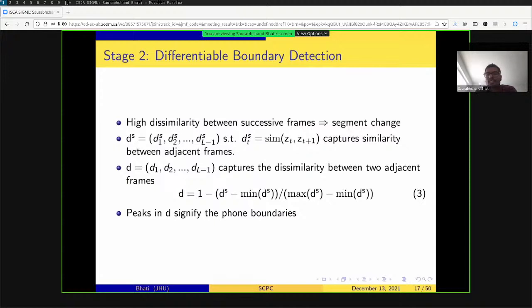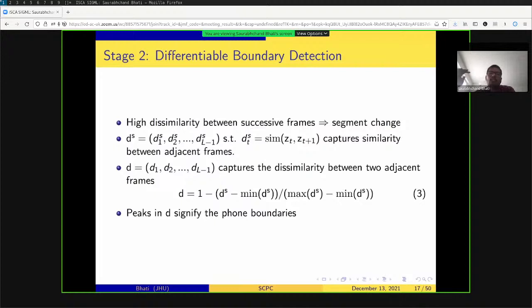So it's essentially a vector of cosine similarities between the next frame and the current frame, and it will have length L minus 1 if you have an utterance of length L. Now, to convert this into a vector of dissimilarities, we simply take 1 minus cosine similarity, but before subtracting it from 1, we normalize it by mean and max. So this will be between 0 and 1, and now the dissimilarity will be between 0 and 1.